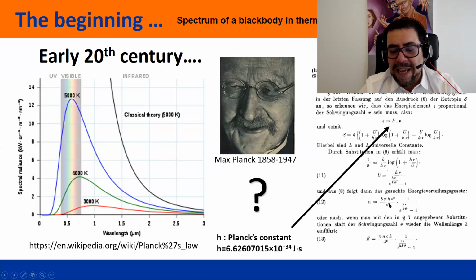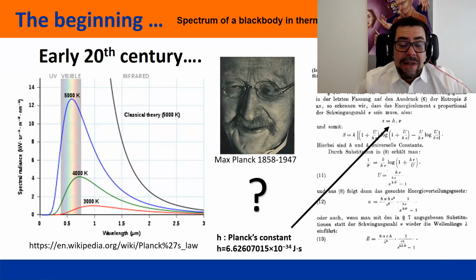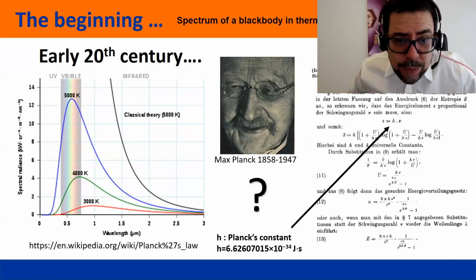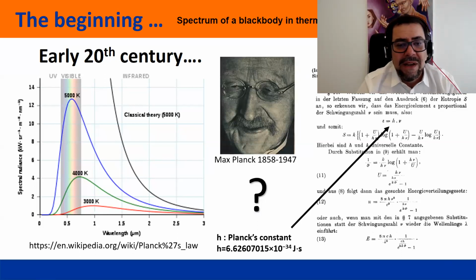And then he came up with this formula number 13 of this paper, where he could explain this data extremely well. But at that time, this explanation was not based on any fundamental theory. It was more like a mathematical exercise.